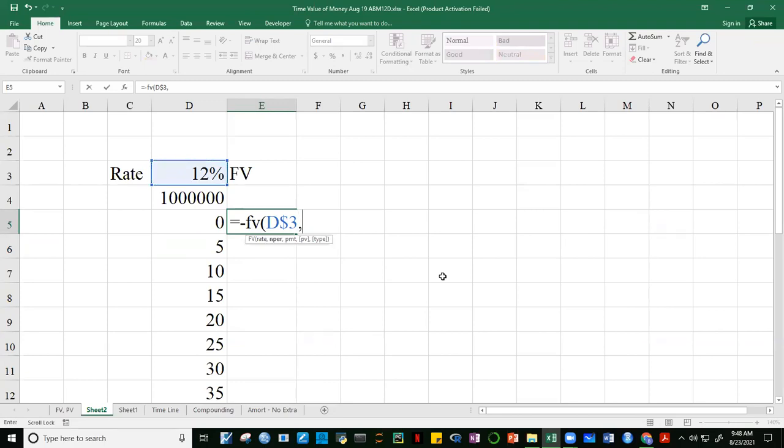Then comma, enter, ito yung number of periods natin. 0, and then we're not going to fix that kasi gusto natin bumaba siya dito. And then payment is wala. Present value is 1 million. Okay, and then fix ulit natin F4, yung column 4. Okay, and then ignore the type.